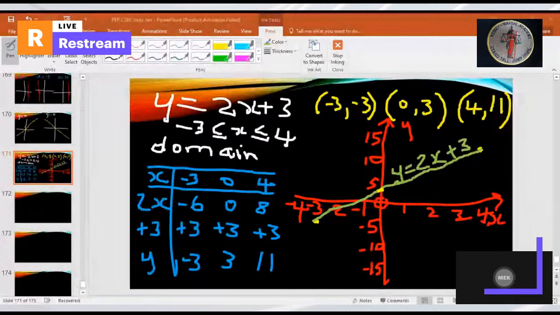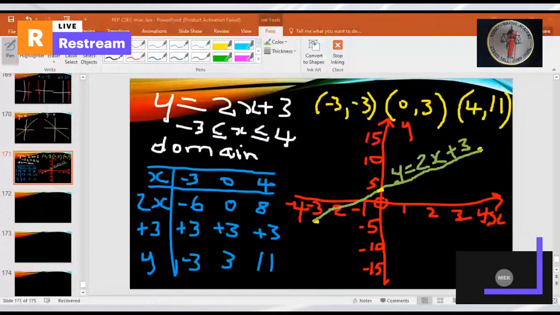Our domain says x must be greater than or equal to negative 3 and less than or equal to 4. So we start at negative 3 and end at 4. And we plug in 2x plus 3. We line that up on the side of the table. That's going to tell us what we're doing to our x values to get to our y values.